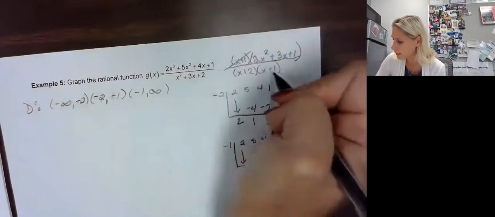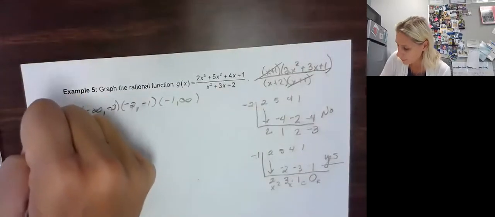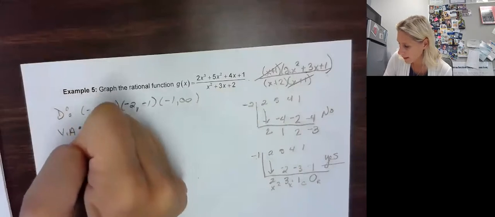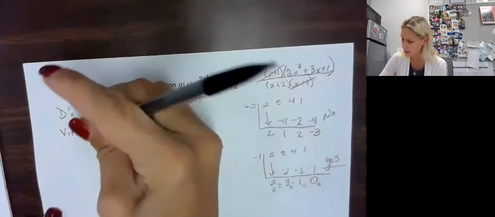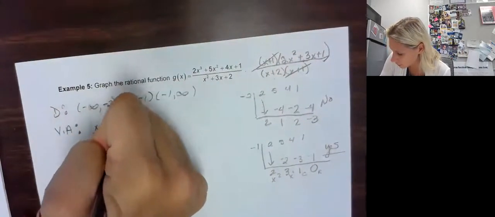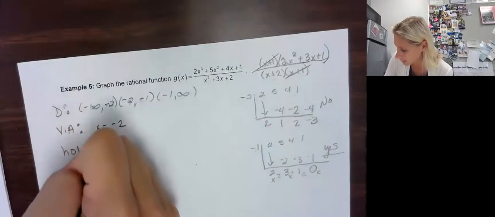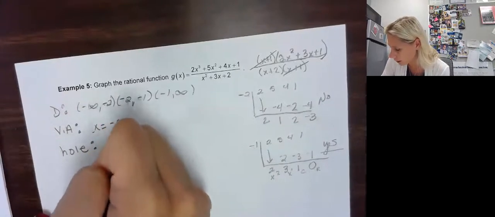So as you can see, we can cross out this x plus 1. So we have a vertical asymptote at x equals, I don't know why I put a parenthesis there, guys, x equals -2 and a hole. Remember, take what you crossed out, set it equal to 0. So we have a hole at -1.